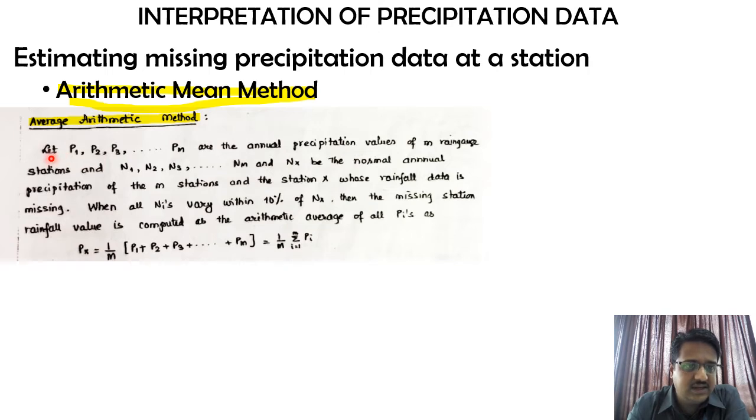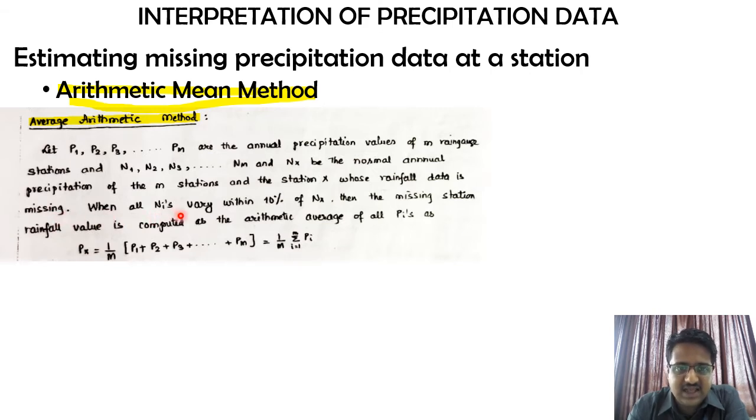Let P1, P2, P3 and so on up to Pm be the annual precipitation values of M rain gauge stations, and N1, N2, N3 and so on up to Nm, and Nx, be the normal annual precipitation of the M stations and the station X whose rainfall data is missing.